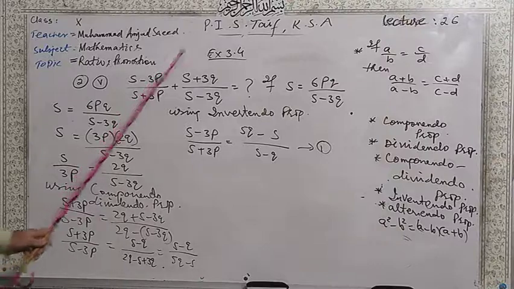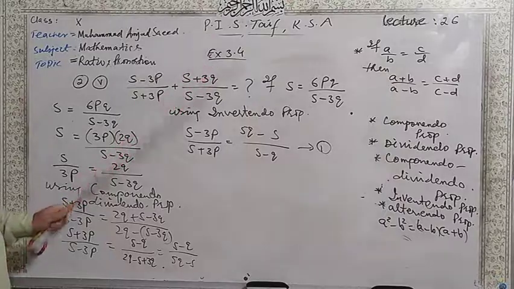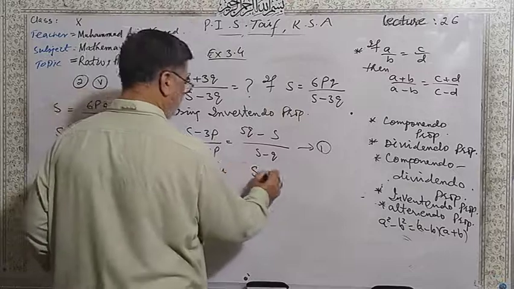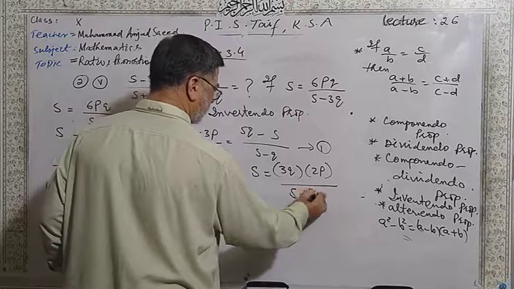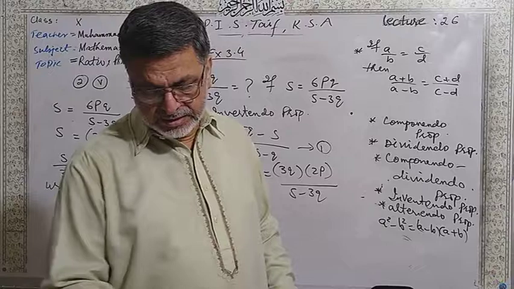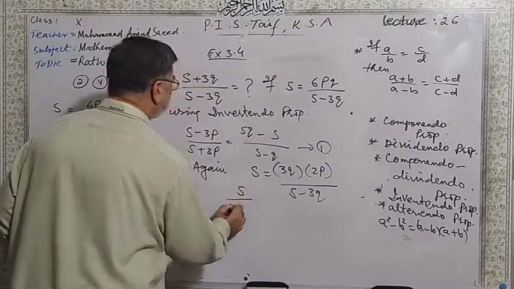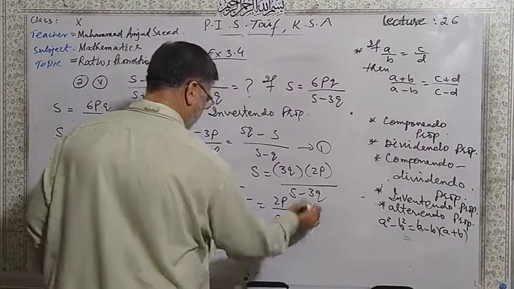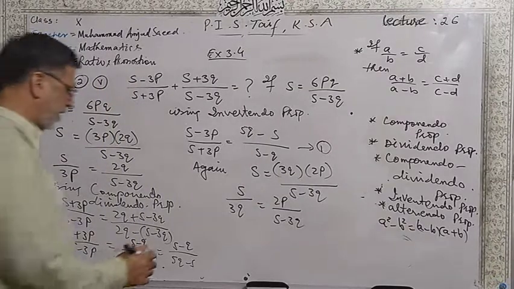Secondly, we will bring 3q under this S for the second portion. Again, S is equal to 3q into 2p divided by S minus 3q. S over 3q, that is 2p over S minus 3q.